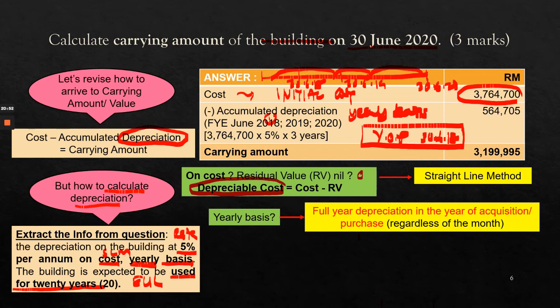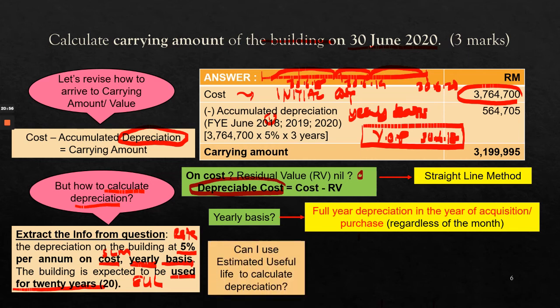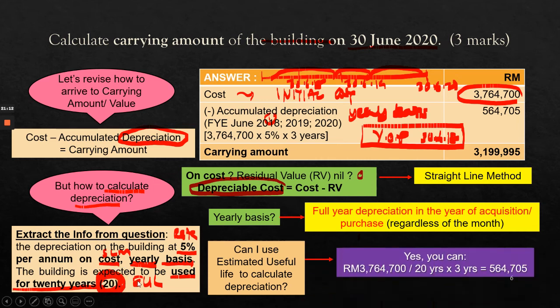So be careful if you are asked to calculate depreciation or accumulated depreciation, right? Another issue you can ask yourself is, can I make use of the estimated useful life to calculate my depreciation? Remember, you have the estimated useful life of 20 years here. And the answer is yes.